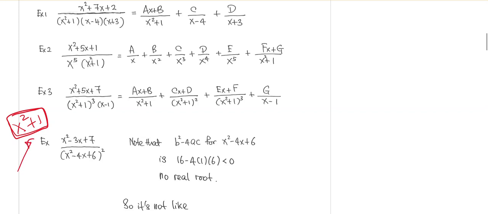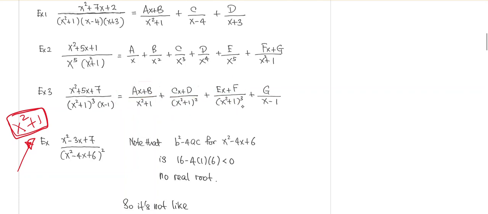The repeating term here is a quadratic term, so on top of it should match with a polynomial of degree 1. So when you are repeating this, x squared plus 1, x squared plus 1 squared, x squared plus 1 cubed, the thing on top of it has to be a linear term. So you're going to have ax plus b, cx plus d, ex plus f.